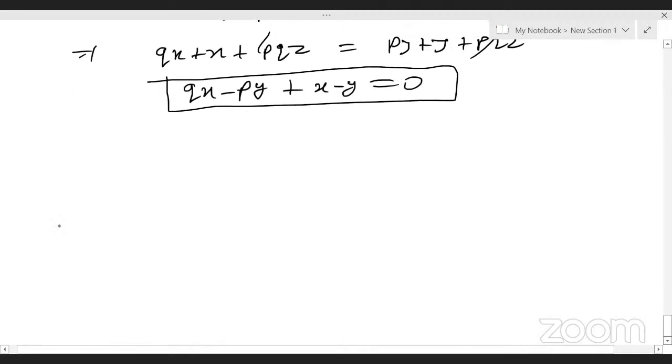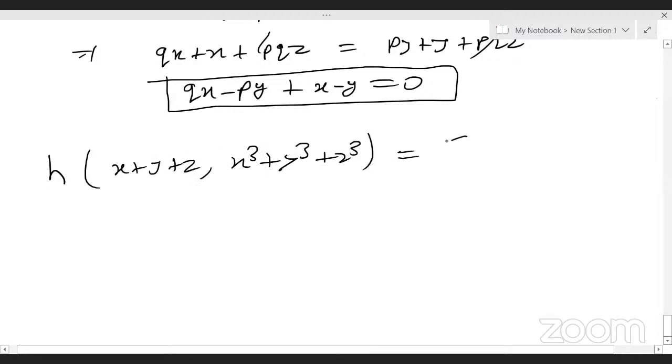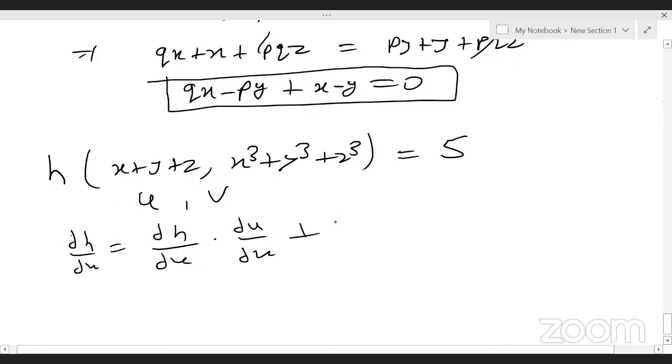So let's say I give you some function h of x plus y plus z, x cube plus y cube plus z cube is equal to 5. Now here, if I take these u and v, del h by del x will be del h by del u into del u by del x plus del h by del v into del v by del x, right?